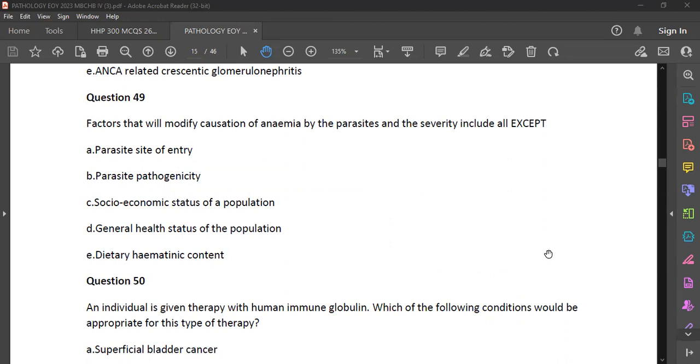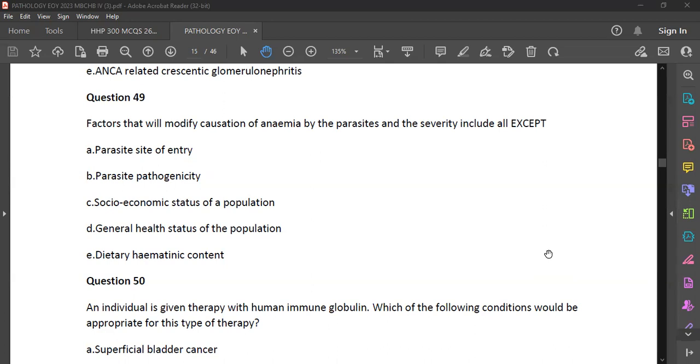Right. So factors that will modify causation of anemia by the parasites and severity include all except the parasite pathogenicity. That's correct. I will talk about the socioeconomic status of a population, the general health status of a population, and the dietary hematinic content.